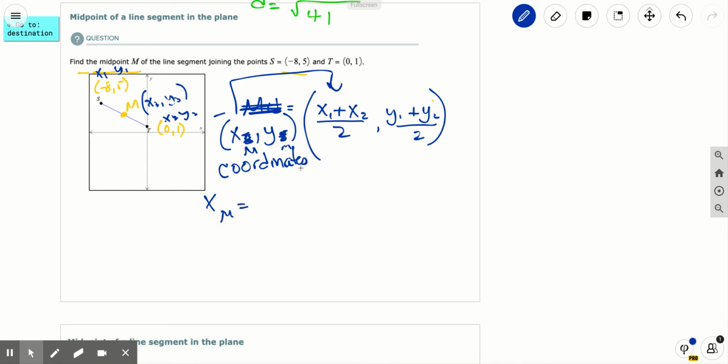The x of the midpoint is equal to x1 plus x2 divided by 2. And the y of the midpoint is equal to y1 plus y2 over 2. Do you see it? It's right there.